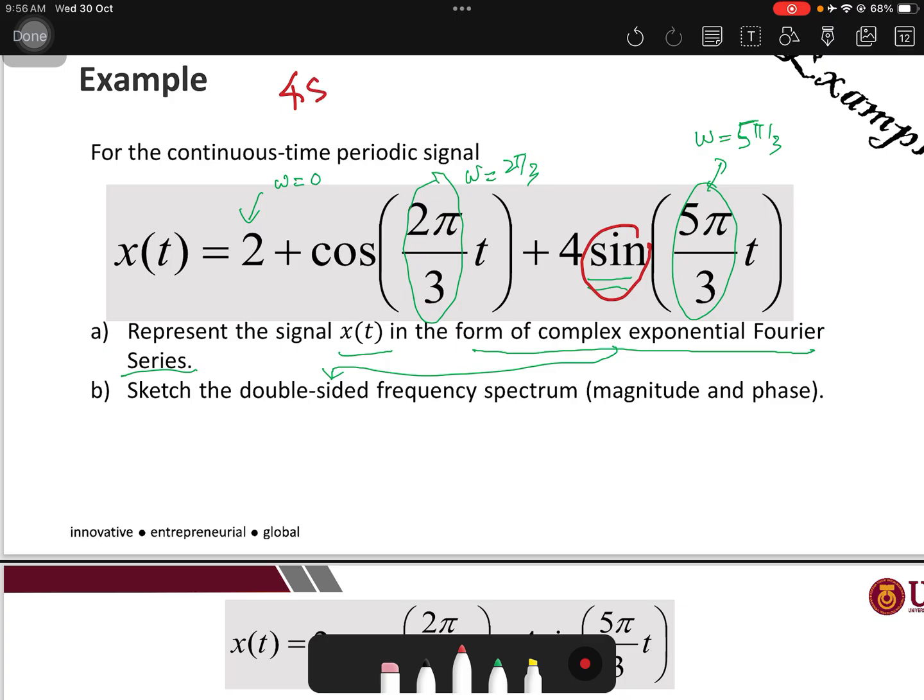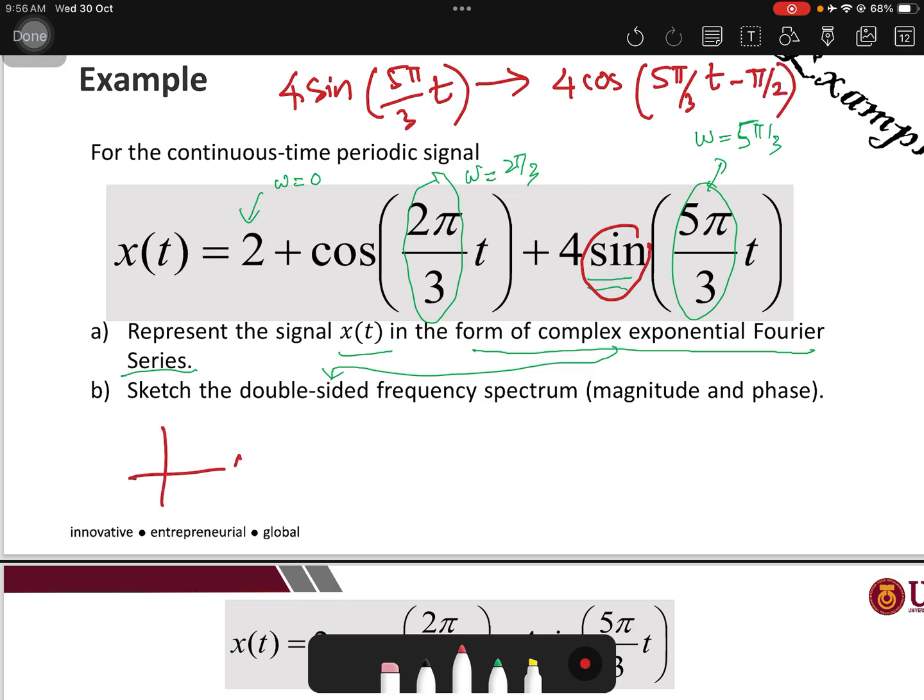So 4 sin 5 pi over 3 t, you need to convert to cos: 4 cos 5 pi over 3 t. So how to convert? How to get from cos to sine? Negative pi over 2.